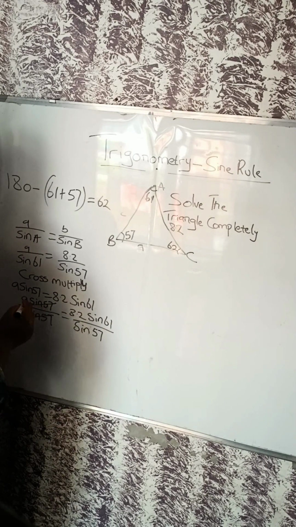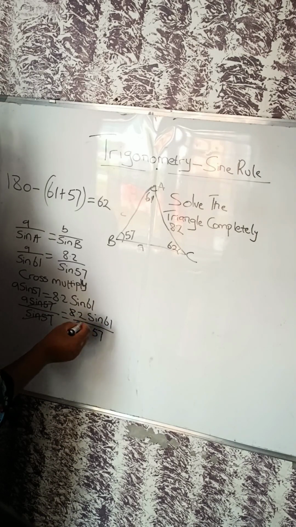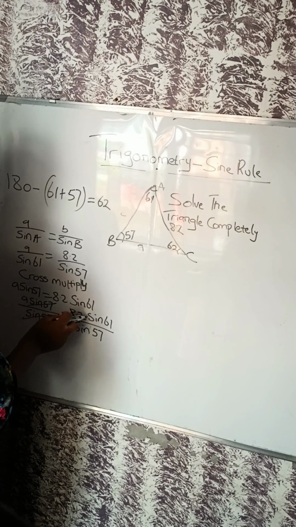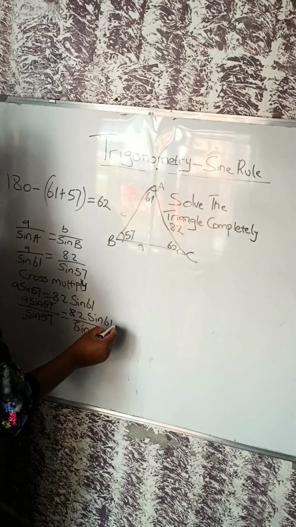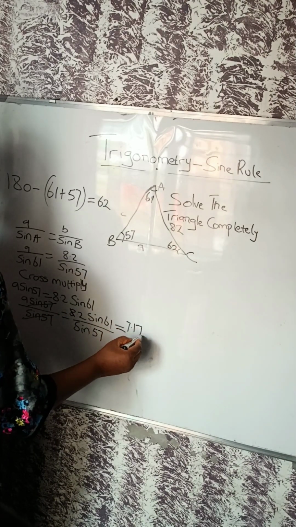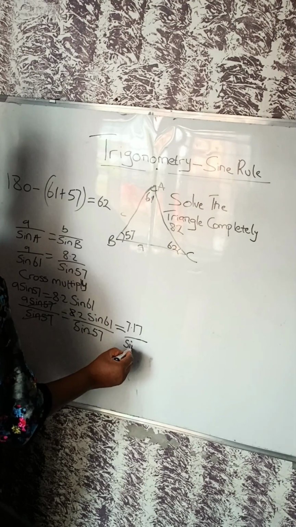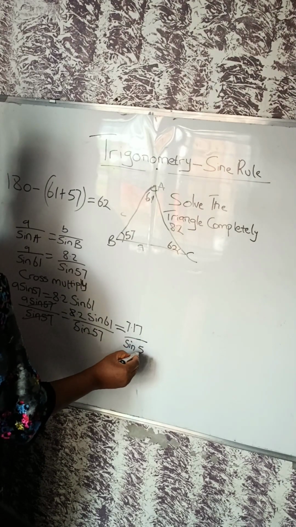A is standing on its own, so a is equal to 8.2 sine 61 over sine 57. So when you use your calculator, you press 8.2 times sine 61, which will be equal to 7.17, over sine 57.